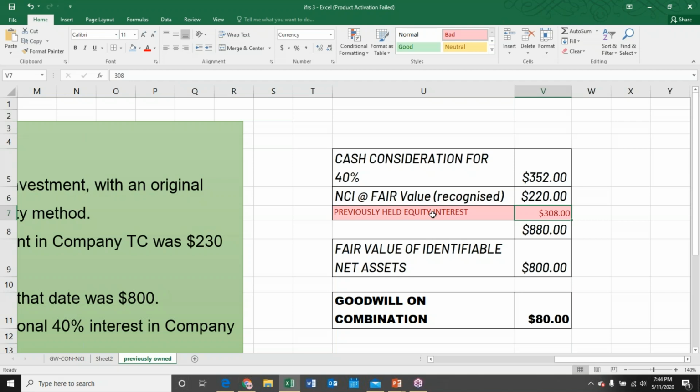If I am purchasing the company altogether, the goodwill is only calculated on the combination purchase consideration. If I do not take it into account, it will be twice the consideration that I'm paying, the 308 also and the consideration of 352 also.